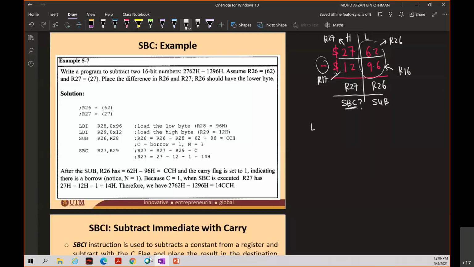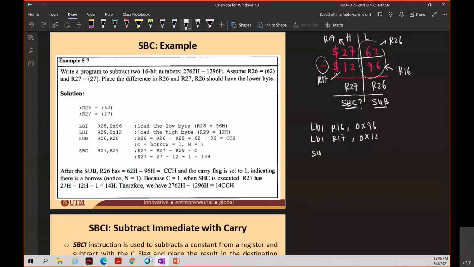LDI R16 with value 96 and LDI R17 with value 12. Now the values 96 and 12 are already inside your R16 and R17. Then we use the SUB.